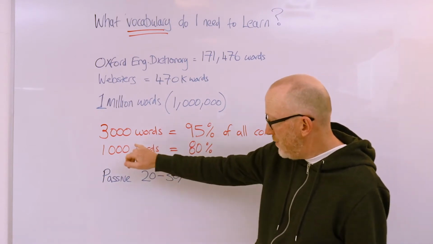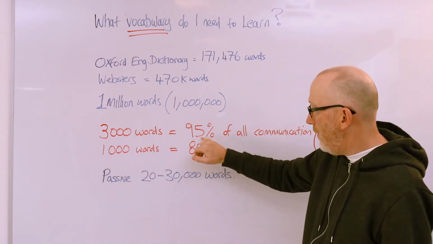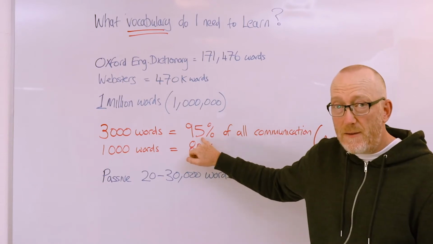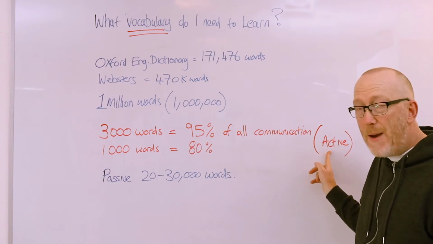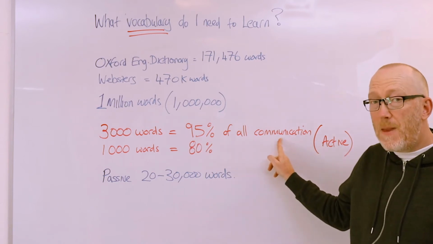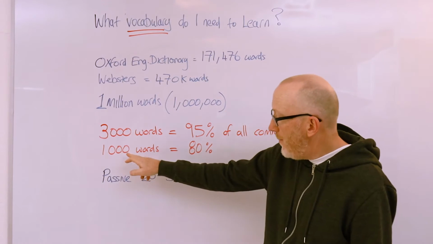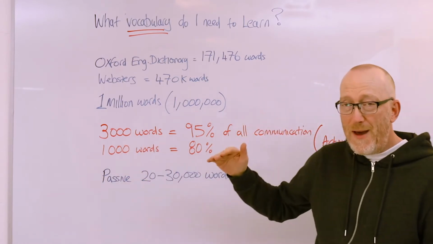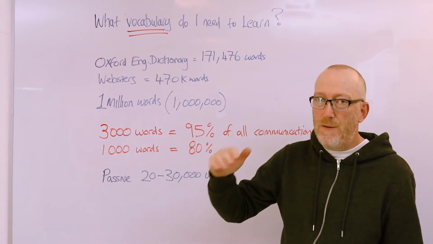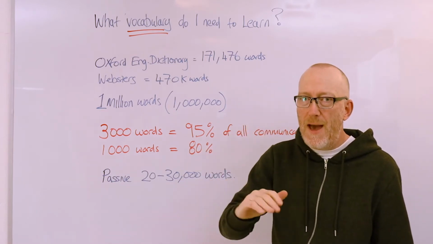Another 2,000 words, so 3,000 in total, will get you to close to 95%. And all you need in your active vocabulary to allow you to communicate fluently is somewhere between 1,000 and 3,000 words. More than 3,000 words I think is really difficult to hold in your active vocabulary.